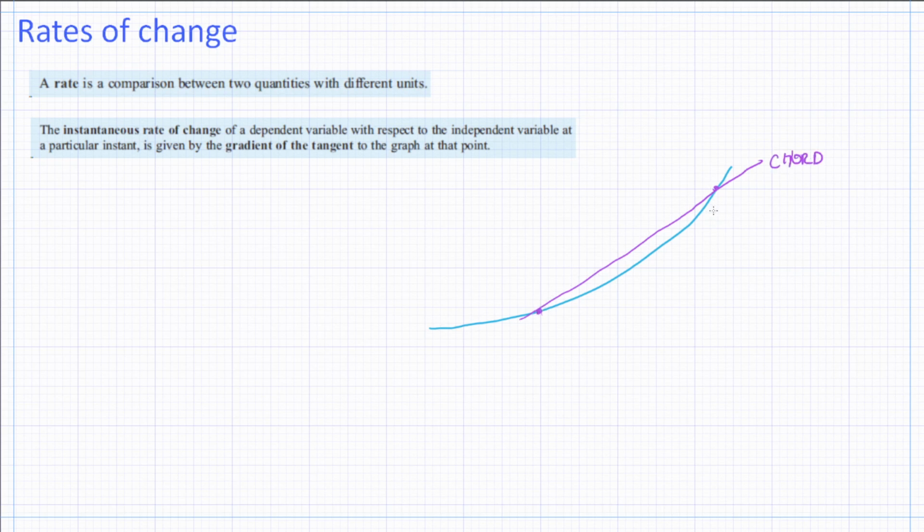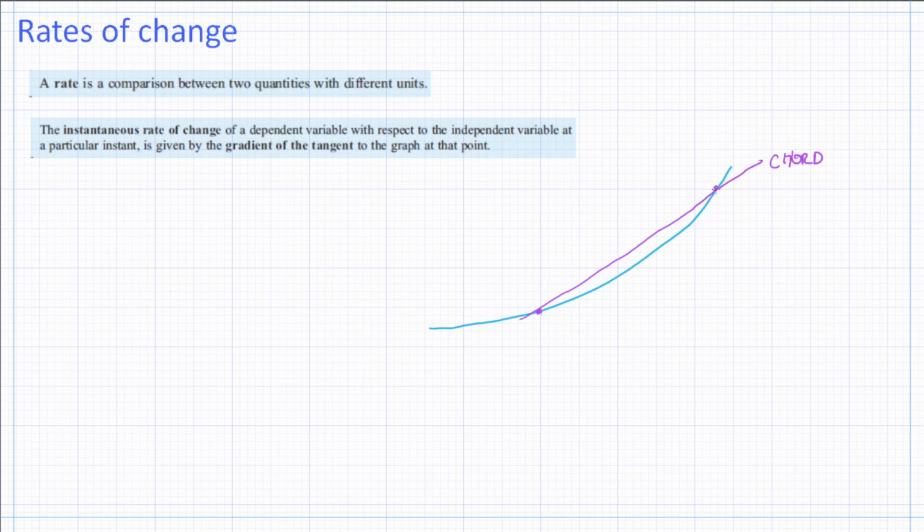However, if this was a distance time graph, this chord would give us some speed. In this case, average speed, because we're taking 2 points, so it's an approximation.